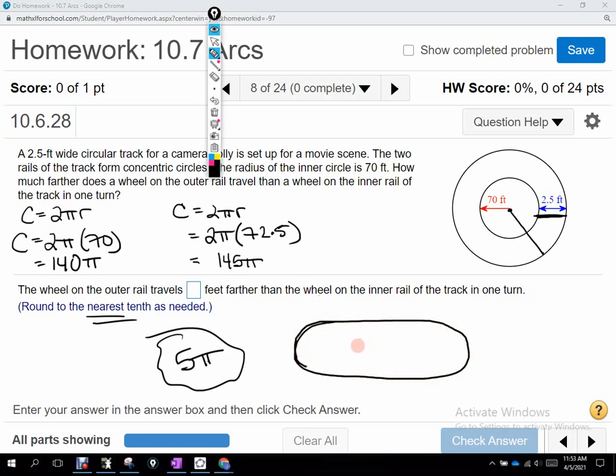Anybody in track? When you're in track and you run like a 200 meter, okay, you all stop at the same spot, don't you? Finish line is always the same spot, but you're going to start like this, right? They're going to stagger you.